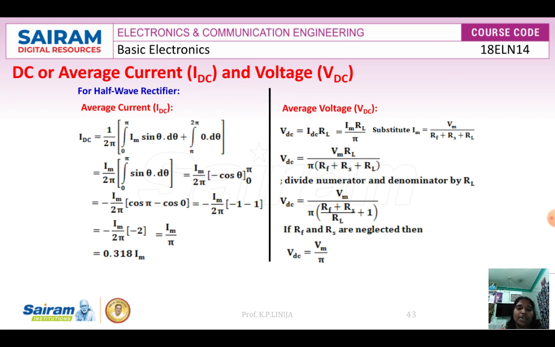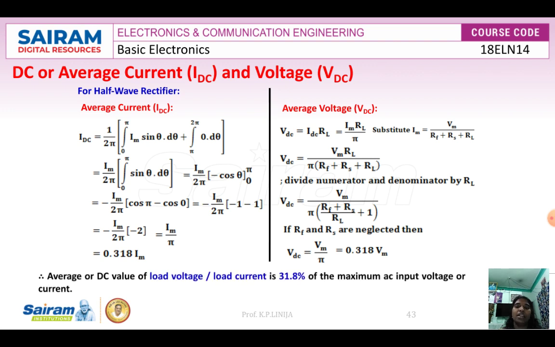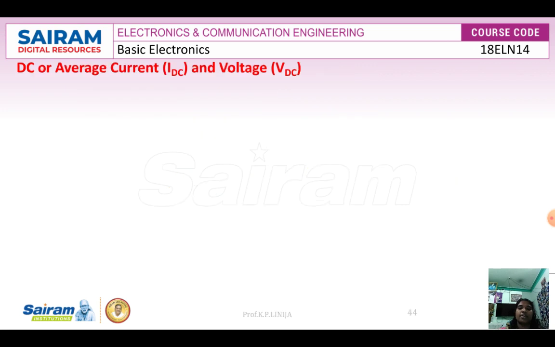Therefore, if they become 0, we get Vm by pi into 0 plus 1, so Vm by pi. If we substitute the pi value, the answer is 0.318 into Vm. This is for the half wave rectifier. Equivalently, we can say that the load voltage or load current is 31.8% of the maximum AC input voltage or current.